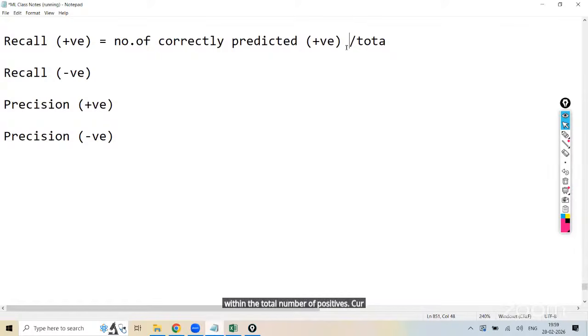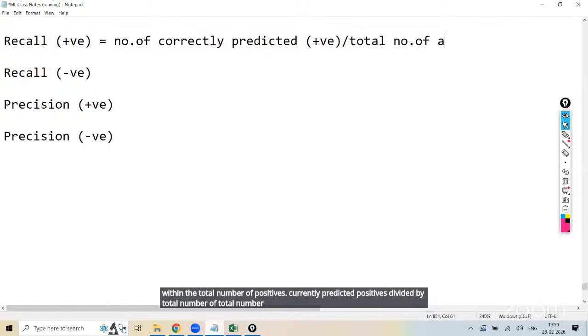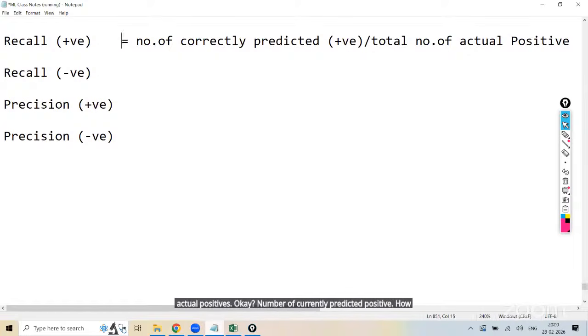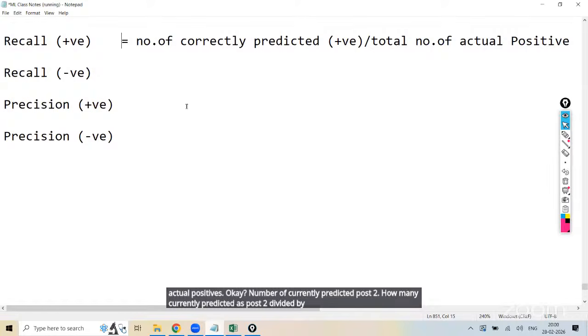Correctly predicted positives divided by total number of actual positives. Number of correctly predicted positive divided by total number of actual positive.